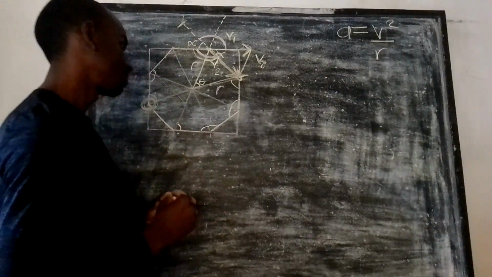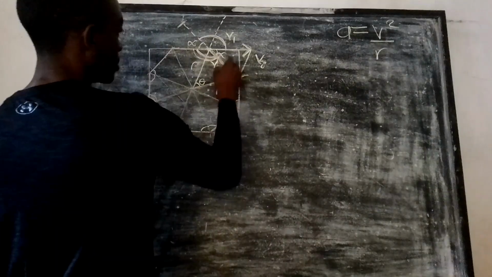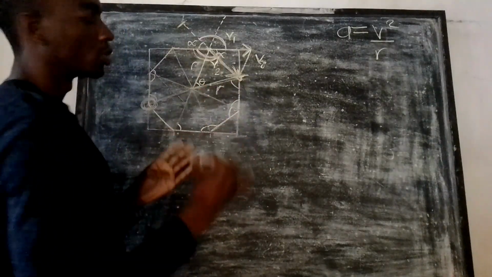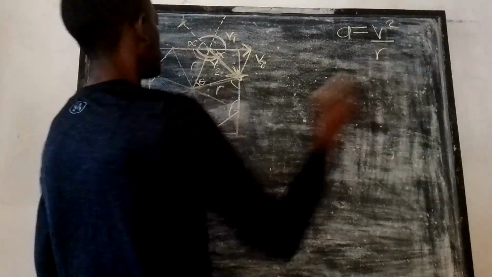Now the math is relatively simple, guys. What we simply do is recognize that these are similar triangles. So we use the rules of similar triangles, which I believe we obtained from Euclidean geometry.